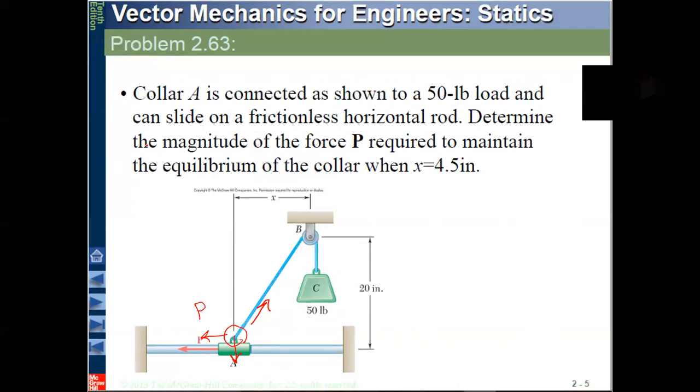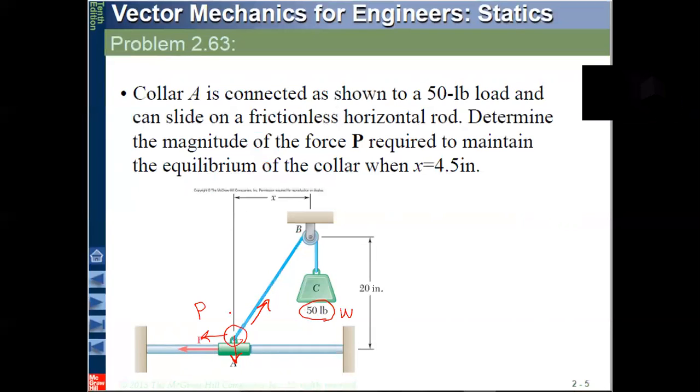As I told you, actually, this 50 pounds is the weight force. It is not the mass. So you don't need to multiply it by g in order to get the gravitational force. You can directly use this value.